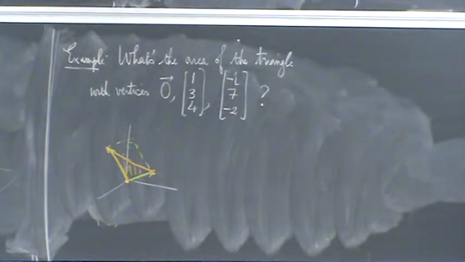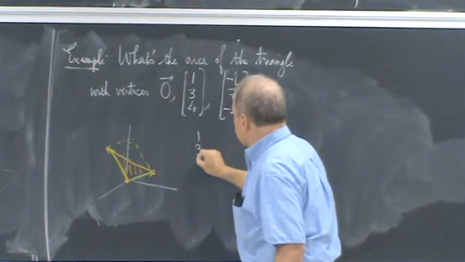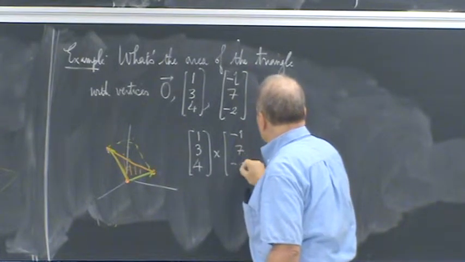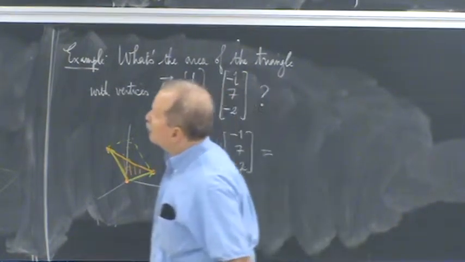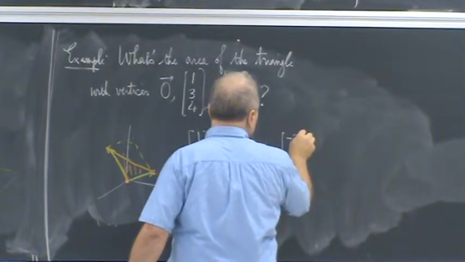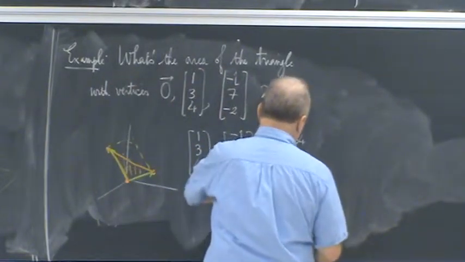So if I take the cross product of the two vectors, that gives me a vector which we happen to have computed. It's got ridiculous numbers in it. -34, 2, -10.